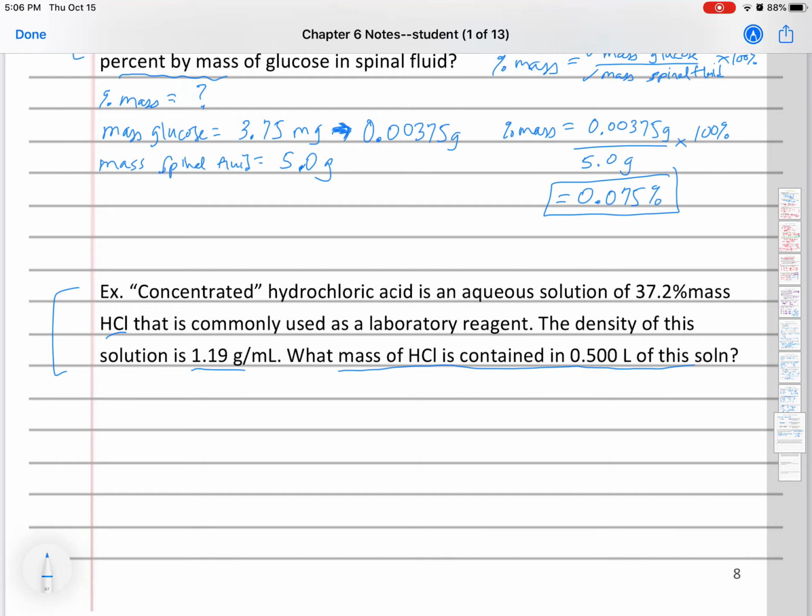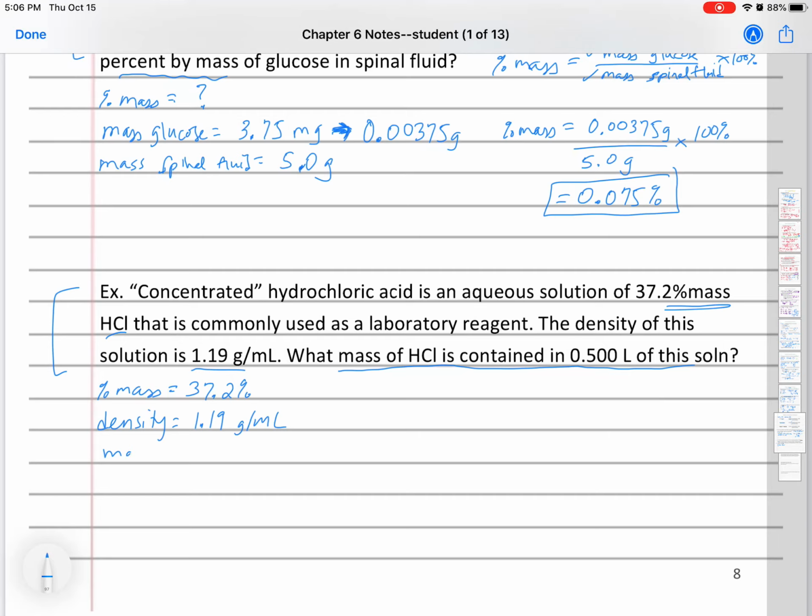So I'm going to start by writing out all of the components. So first, we've got the percent mass. We know the percent mass is 37.2%. We are given a density of 1.19 grams per milliliter.